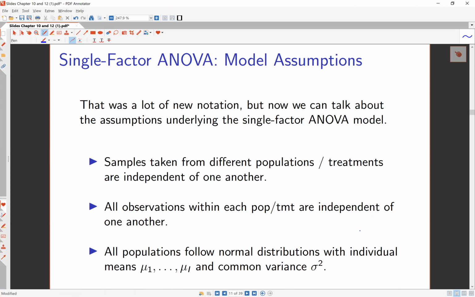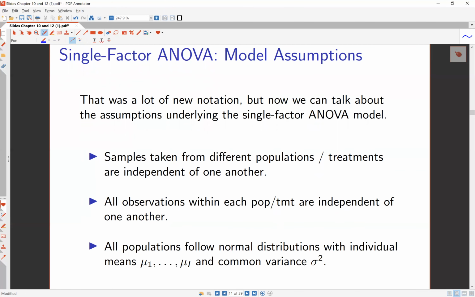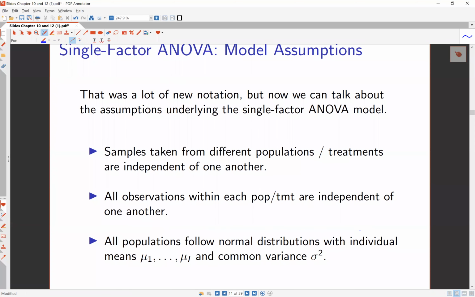Now, the assumptions for implementing ANOVA are the following. Firstly, since we have multiple populations or multiple treatment groups, we assume that we are able to sample independently from each of those populations. Next, we assume that within a specific sample, all the observations were obtained independently of one another as well. So we have 2 levels of independence necessary here.